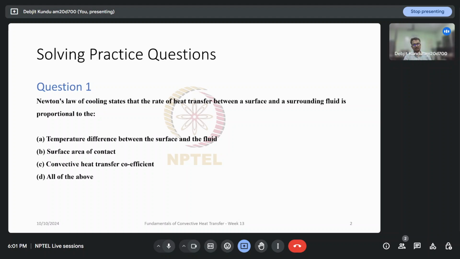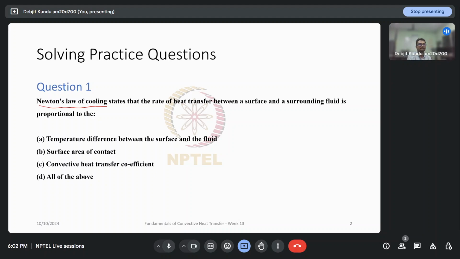So, this is problem number one, which pertains to the very simple first thing we learned, Newton's law of cooling. It's asking us that Newton's law of cooling states that the rate of heat transfer between a surface and a surrounding fluid is proportional to what?